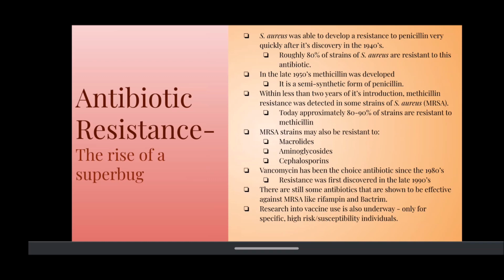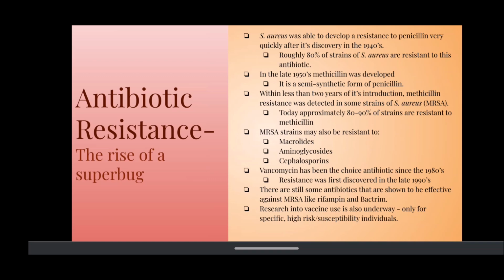And MRSA is not only resistant to methicillin, but also to macrolides, aminoglycosides, and cephalosporins, which are different types of antibiotics. Vancomycin very quickly became the antibiotic of choice around the 1980s, but very quickly in the 1990s, resistance was discovered in some strains of MRSA itself and is known as vancomycin-resistant Staph aureus or VRSA.